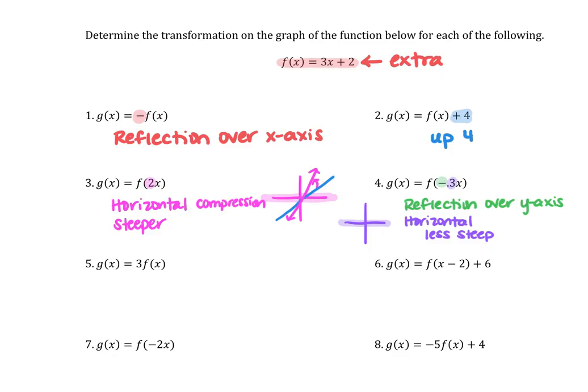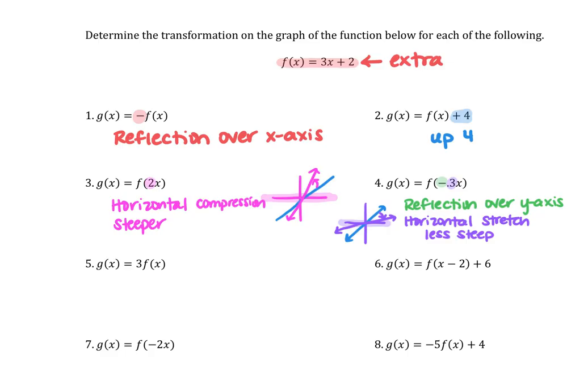If my original line, I'm just going to draw an original line, and my new line is less steep, you can tell my line is moving closer to that axis. That has to be a stretch. If that gets confusing, you can just memorize a horizontal stretch and less steep.